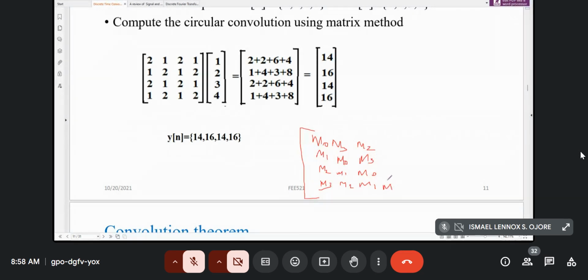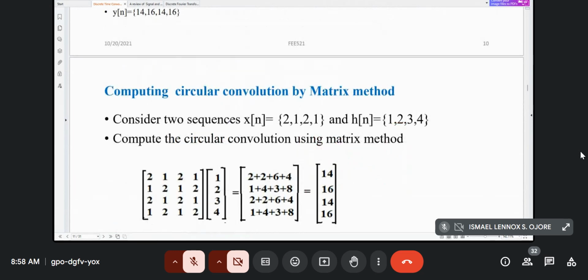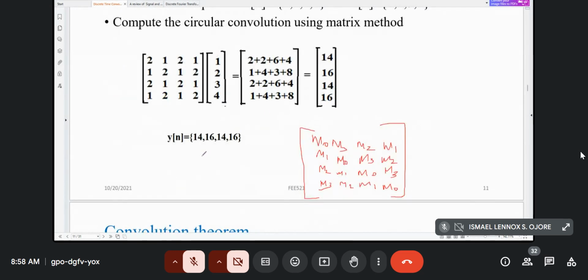Then you start with m0, m1, m2, m3. So you multiply this matrix with this, and what you're going to get is actually the y of n.